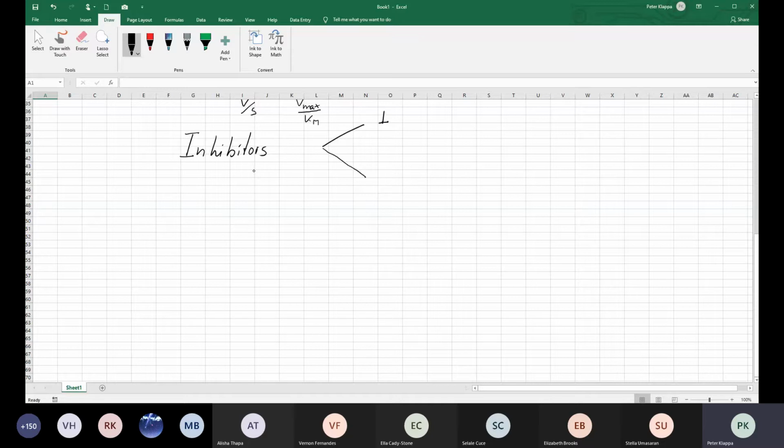So we can have irreversible inhibitors, and these are actually the classes that I'm talking about, irreversible, and we can have reversible inhibitors. So these are the two main classes.